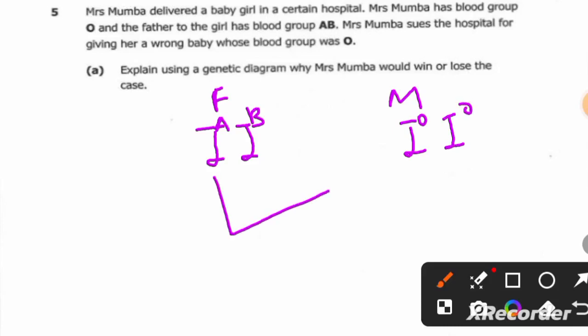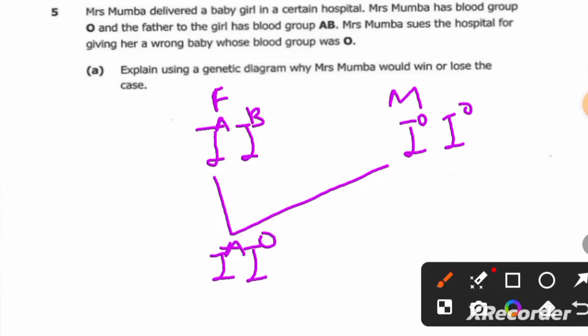We cross this one and this one. We are going to have an offspring with the blood group A. By the way, we need to understand that blood group O is recessive. Hence, it cannot express itself over blood group A, B, and AB.